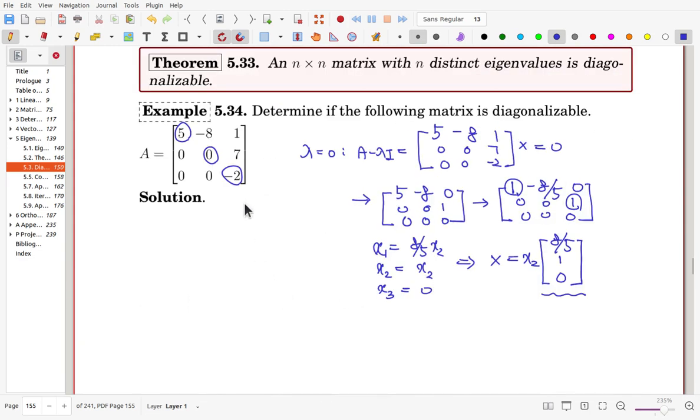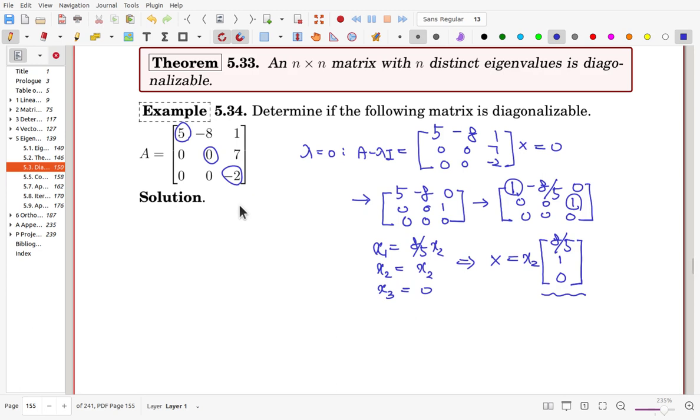For that one, there are 3 eigenvalues, 5, 0, minus 2. They are distinct, so that we'll have 3 linearly independent eigenvectors for this matrix. So it is diagonalizable. Now, is it invertible?